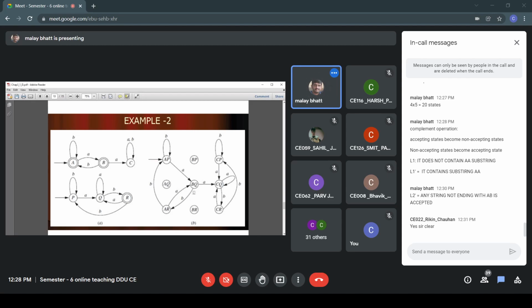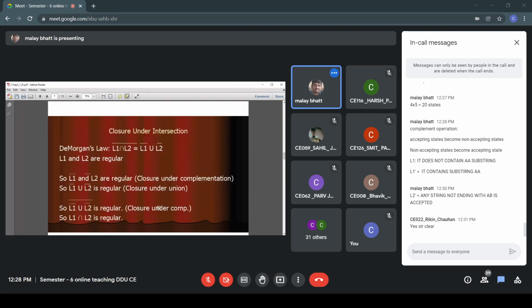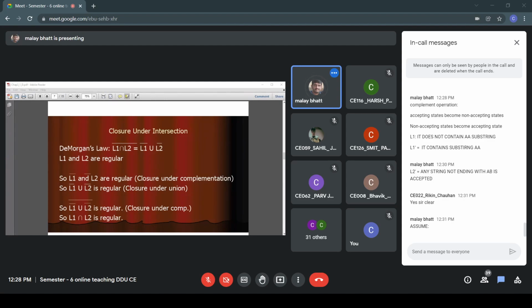Okay, so now the small thing which is left is that using the concept of union and complement, we can prove a certain thing. Suppose we want to prove that regular languages are closed under intersection. What we'll do is we'll assume two things: that they are closed under complement and union.